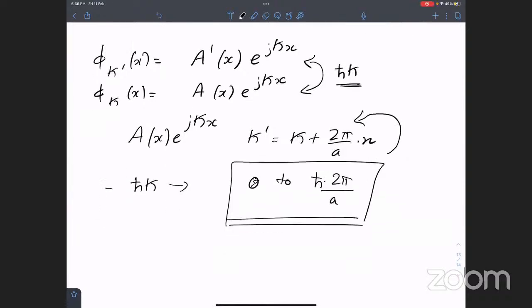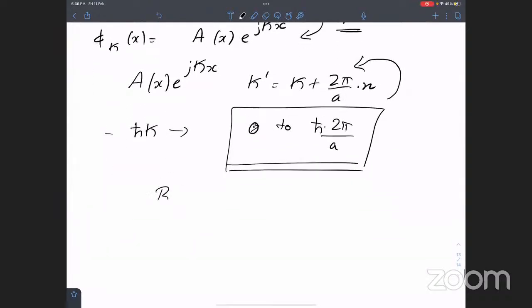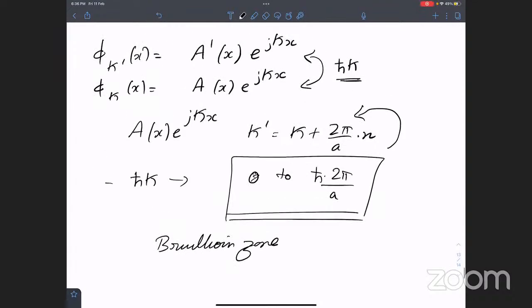So this is why we have the concept of a Brillouin zone. Remember, we have first Brillouin zone, second Brillouin zone, all these concepts of Brillouin zones, right? Why is that coming into play?